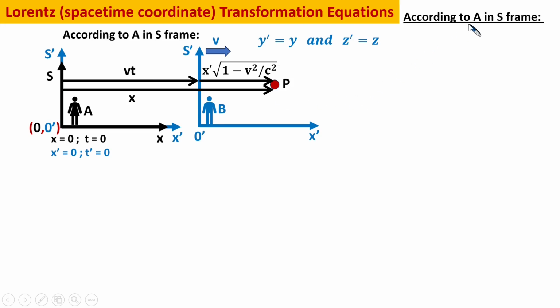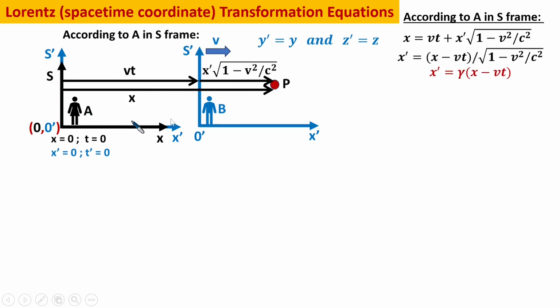So according to A in frame S, x is equal to vt plus this distance, which will be contracted by the factor square root of 1 minus v square by c square. So what is x prime? X prime will be this, you take vt to the left hand side. So x prime will be x minus vt divided by this square root, and 1 by this square root is gamma. So one can know x prime in terms of x and t.